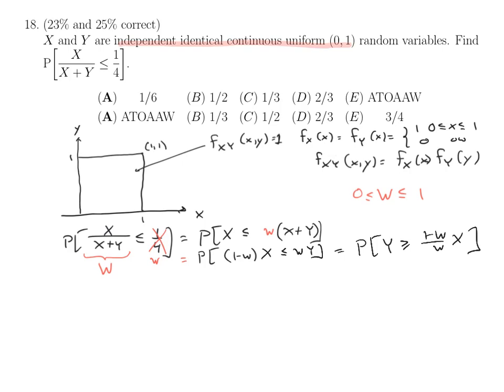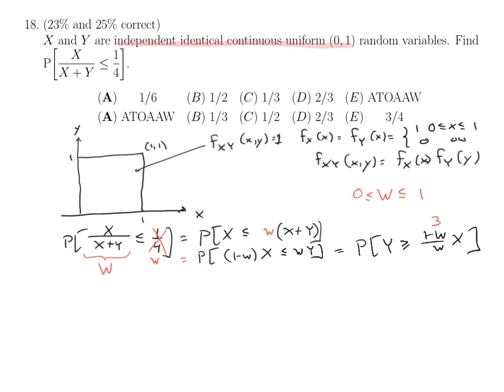So this is actually pretty simple. Like if the w was 1/4, this would be 3/4 over 1/4, and it'd be y is greater than or equal to 3x, right? So this is some number where in the example of 1/4, it'd be y greater than or equal to 3x, right?